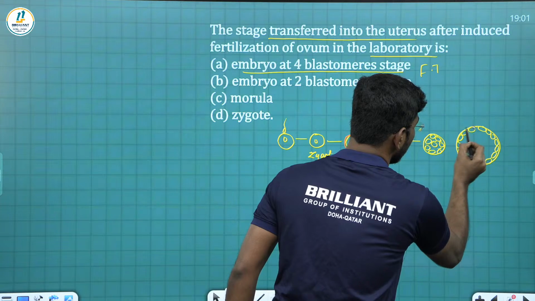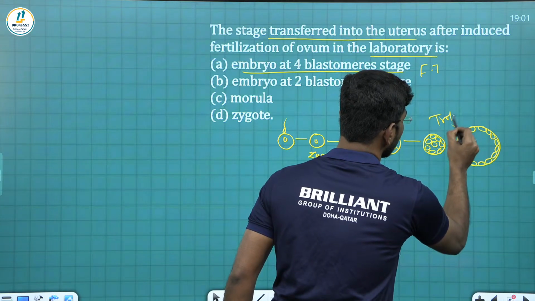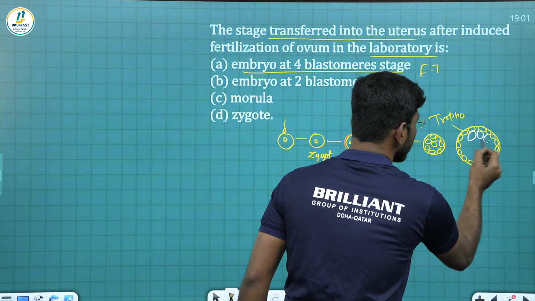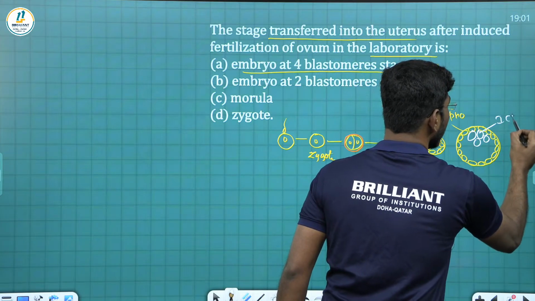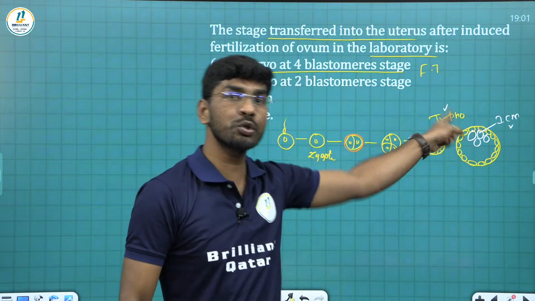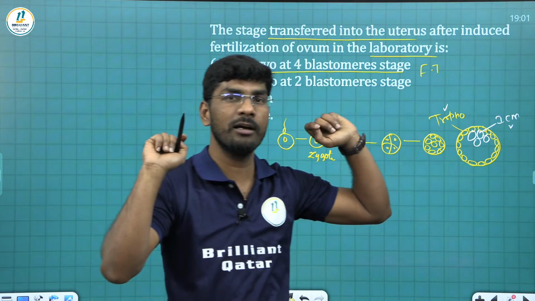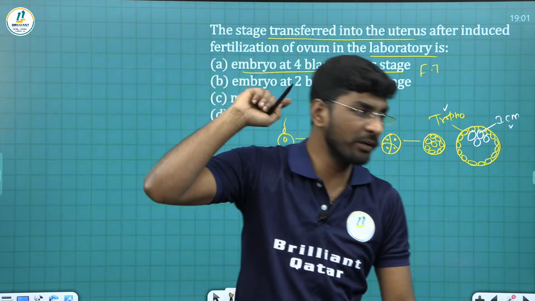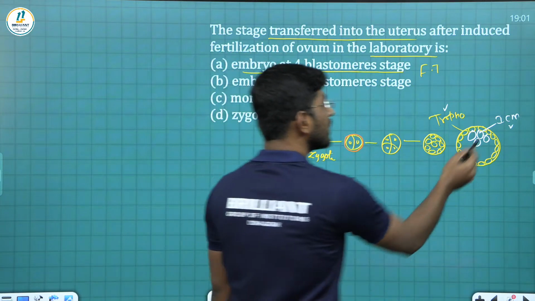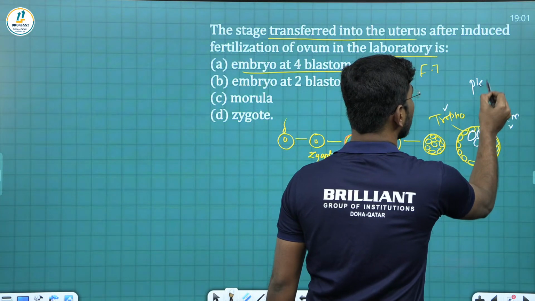This is trophoectoderm, and inside this one is the ICM. Can any one of you tell me, trophoblast and ICM, which of these two is the pluripotent cell, beta? Any one of you guess? Very good. It is pluripotent. ICM is the pluripotent cell, beta.